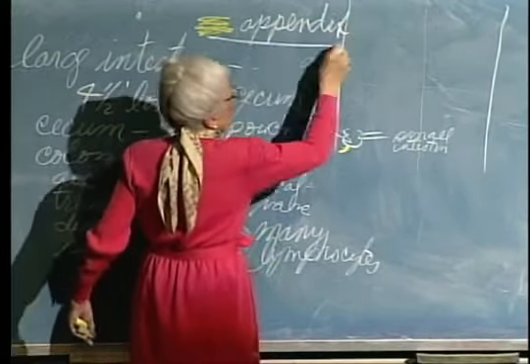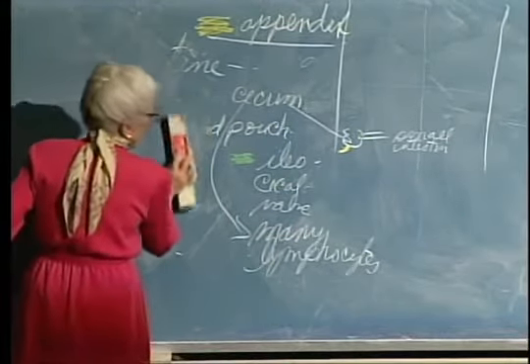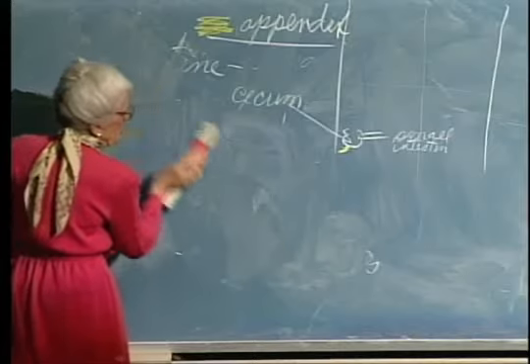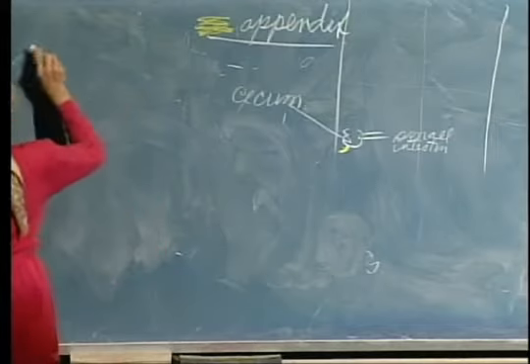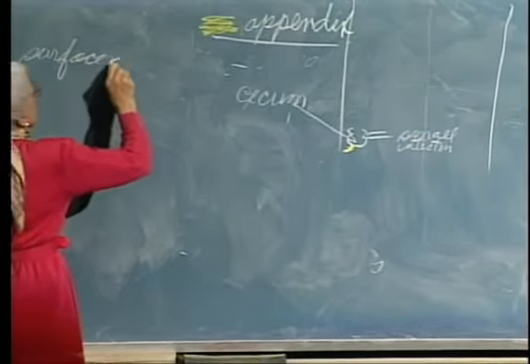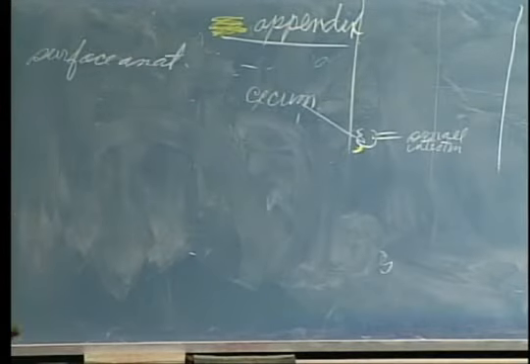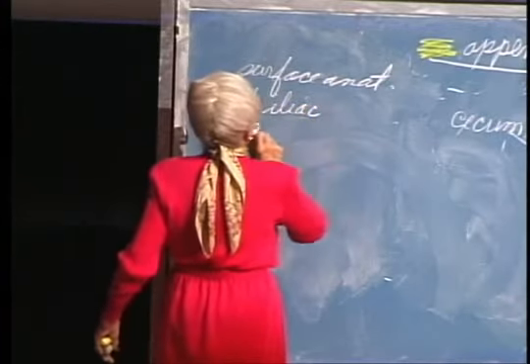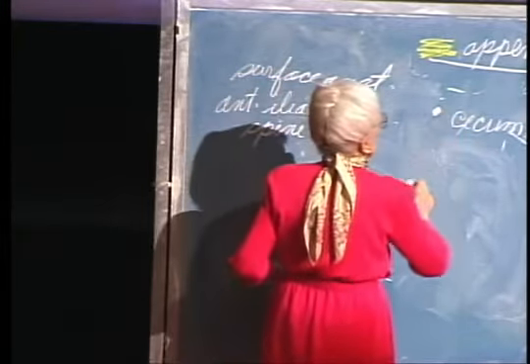So we see the little appendix there. How do you tell somebody exactly where the appendix is if it's in its normal position? From surface anatomy. So from surface anatomy, you find your anterior iliac spine, and you draw a line over to your umbilicus.